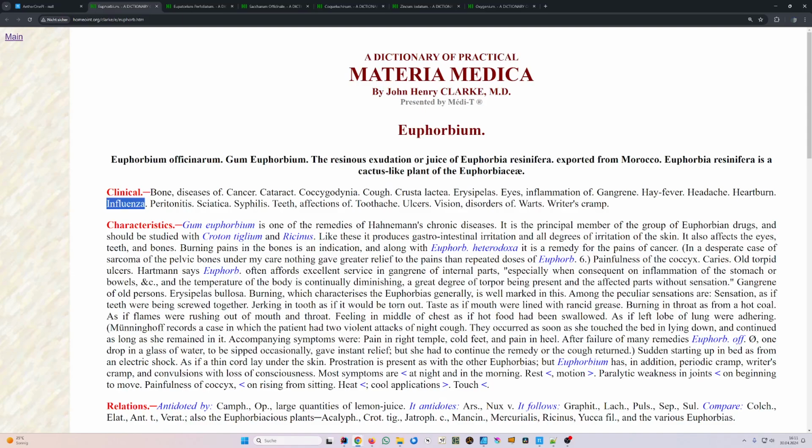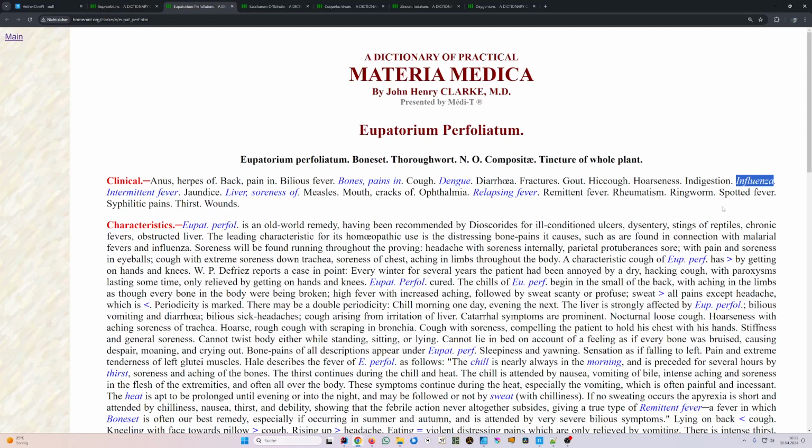So no wonder, and they have cough too. So the air is not so good, but no, it's the remedy of euphorbium. It's really another remedy for influenza, and they have bone pain too. So these two remedies have something in common.